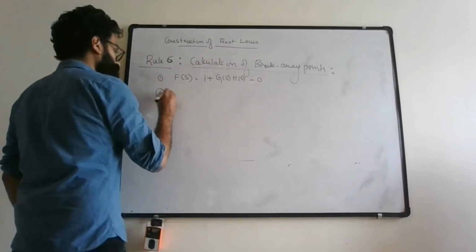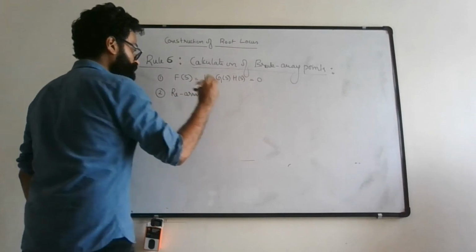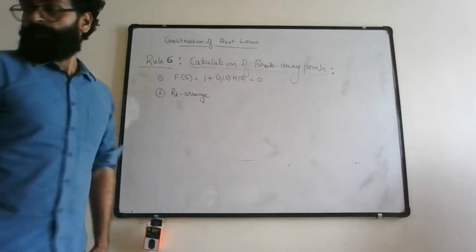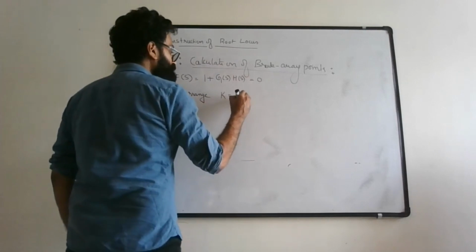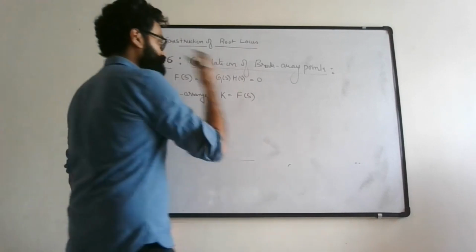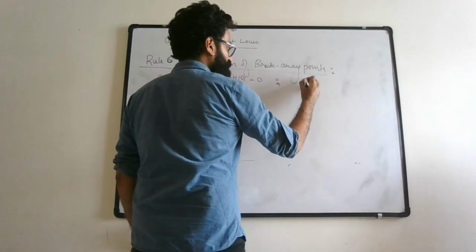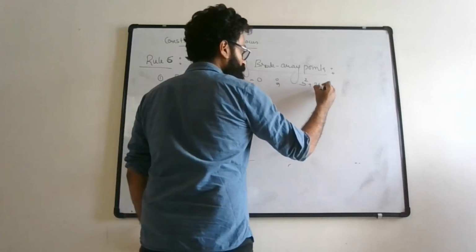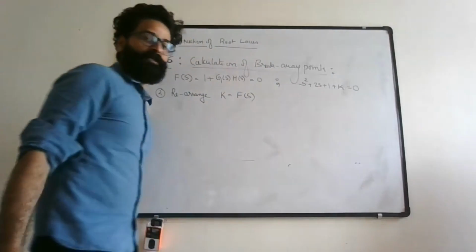Once you write down the characteristic equation, in the second step, rearrange the equation in such a way that you get k equal to f of s. For example, let us say you have the characteristic equation as s square plus 2s plus 1 plus k equal to 0.